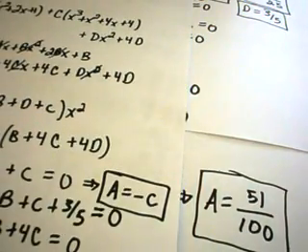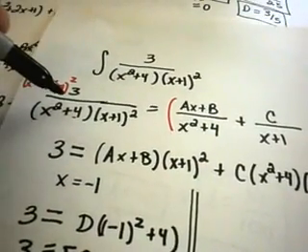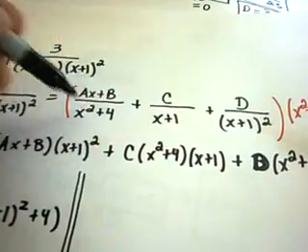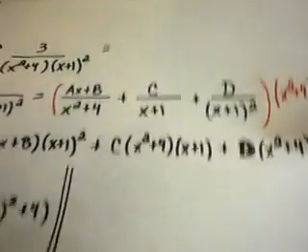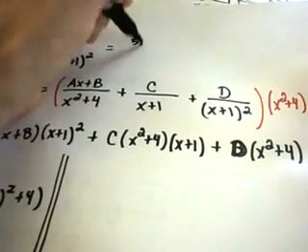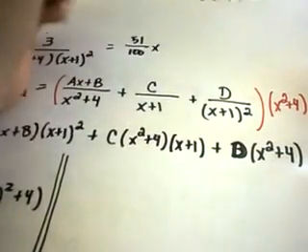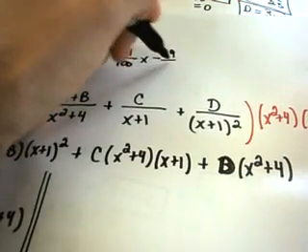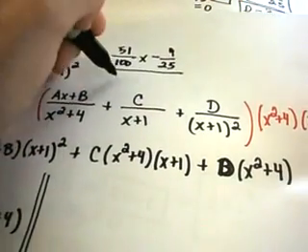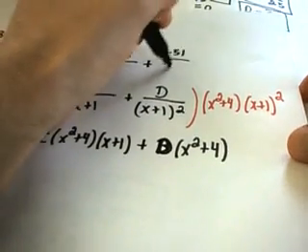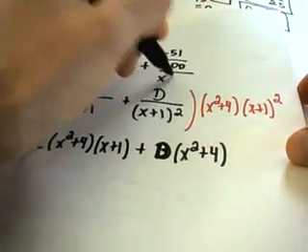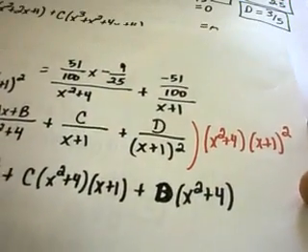So the original thing that we were trying to integrate in the first place was all of this stuff, and we broke it down as this. So our original integral is going to be ax plus b, so a was 51 over 100 times x plus b, which is negative 9 over 25, all over x squared plus 4, plus c, again negative 51 over 100, times x plus 1.